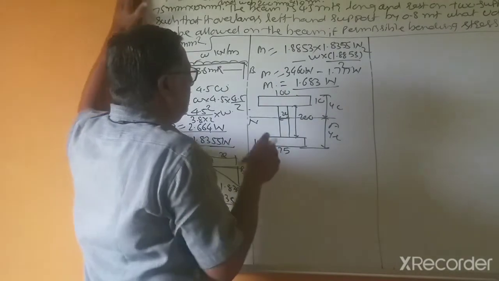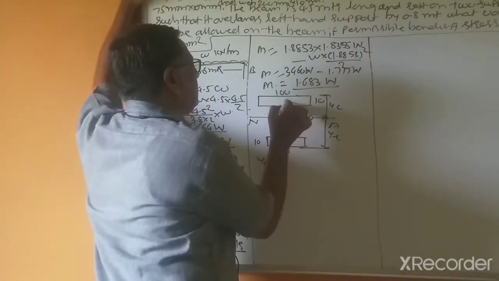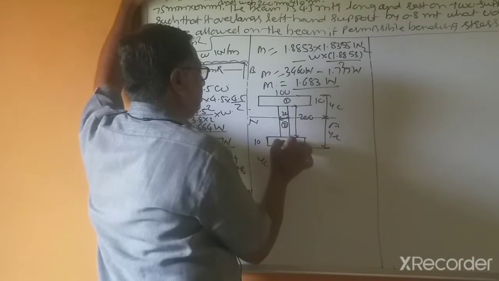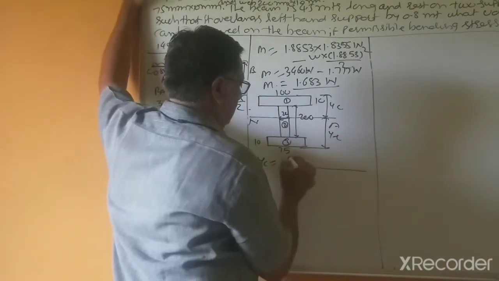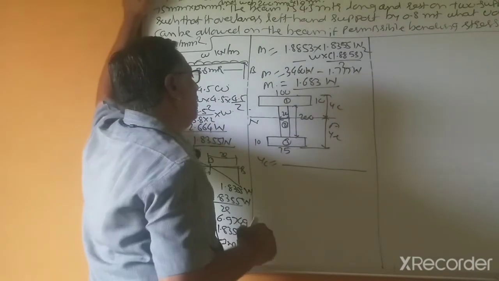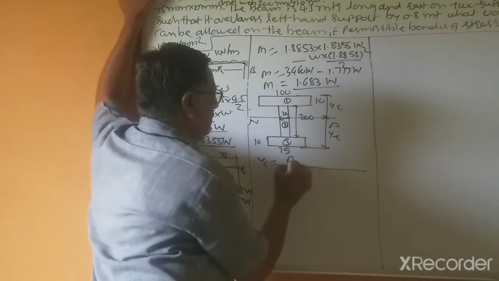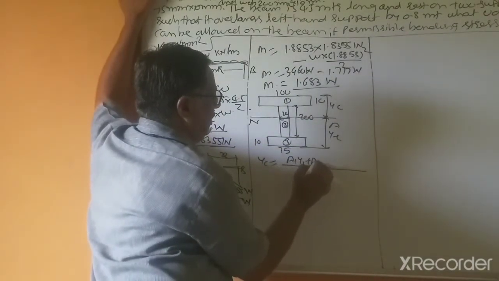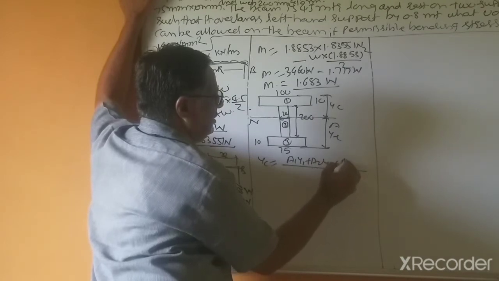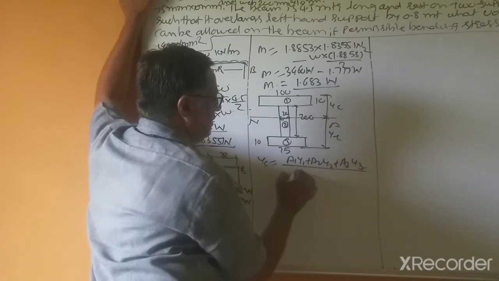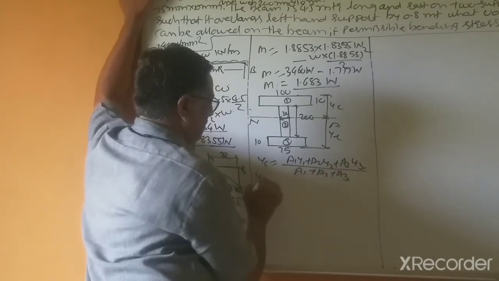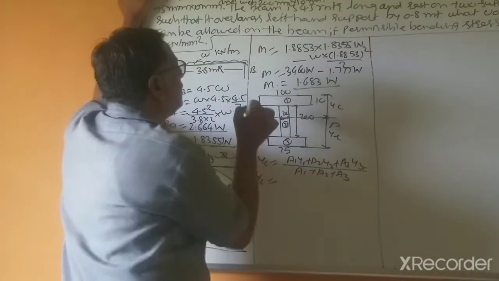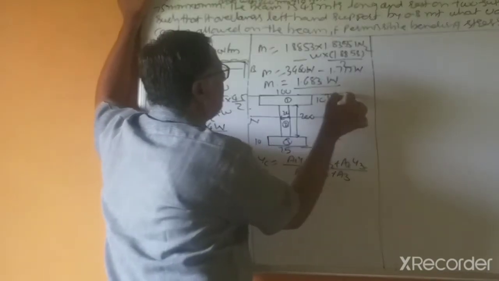So in this 3 section we'll consider this is 1, 2 and 3. So this is a1 y1 plus a2 y2 plus a3 y3 divided by a1 plus a2 plus a3. Now consider this is the reference line.